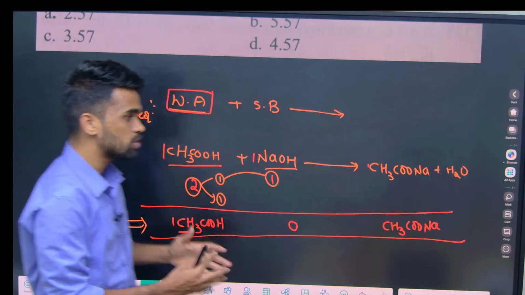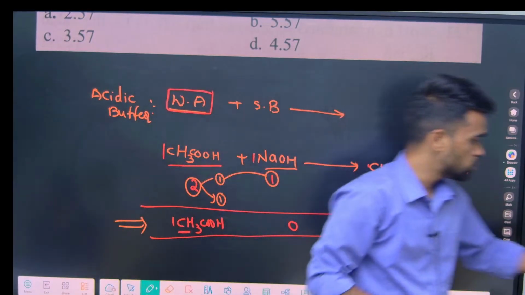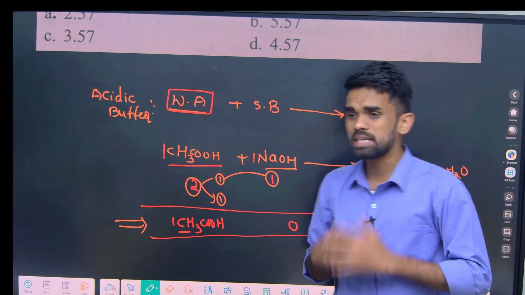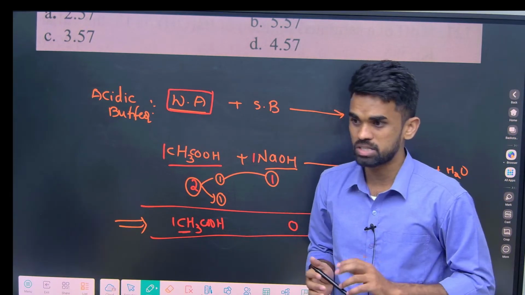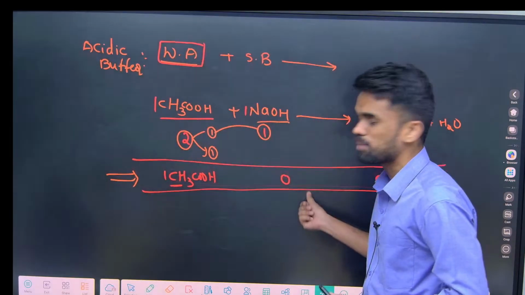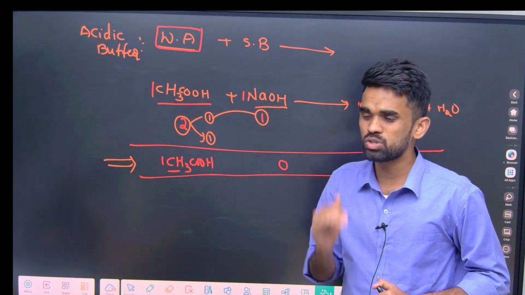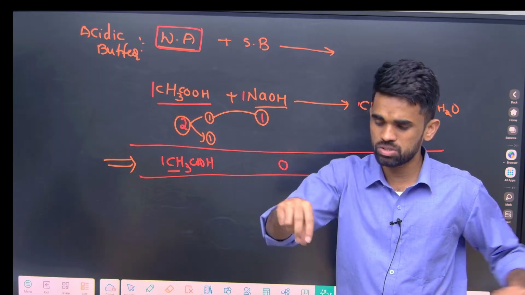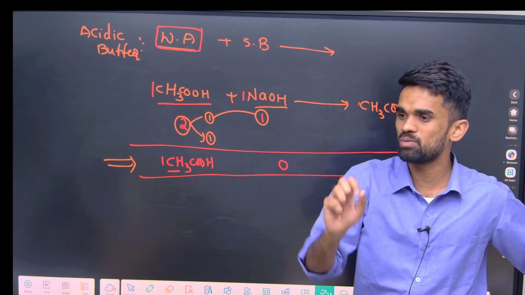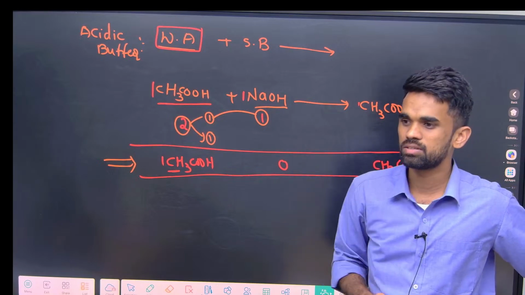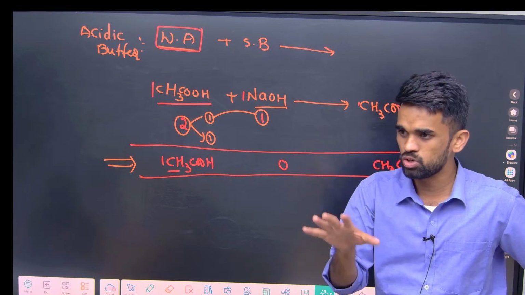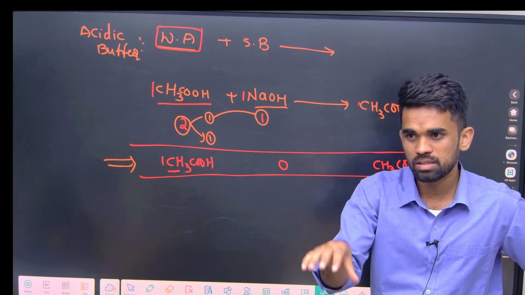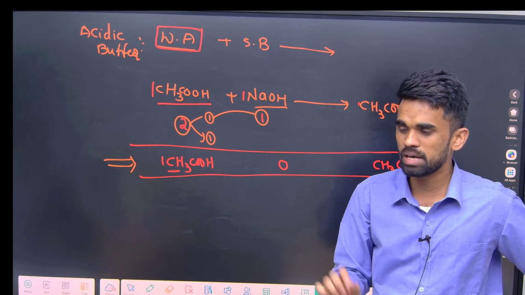So now what is the use of a buffer actually? In the biological system itself we have a very good application. You take lemon water, some acidic juices. Normally, when you squeeze the lemon juice into the water, water is neutral, but it becomes acidic because of the lemon juice.